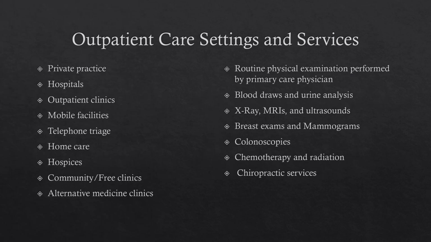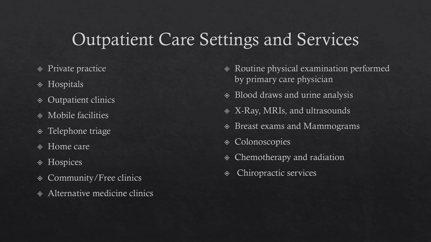Now I will go over some examples of outpatient care settings and services. For settings, we have private practice, hospitals, outpatient care clinics, mobile facilities, telephone triage, home care, hospice.